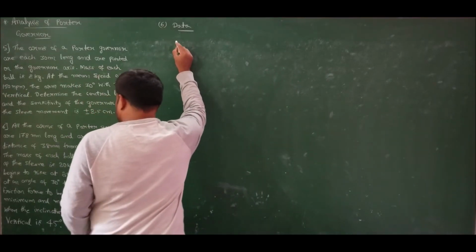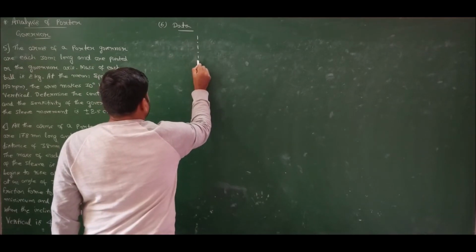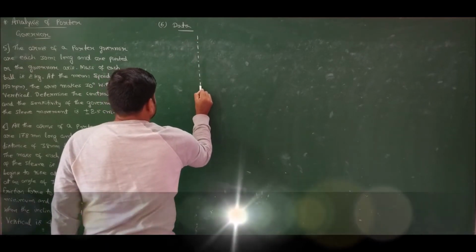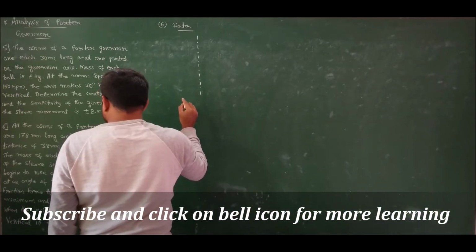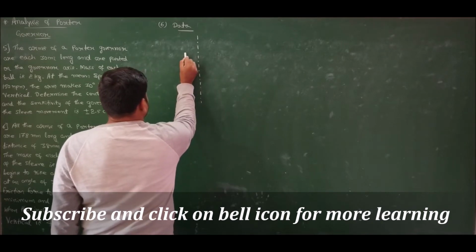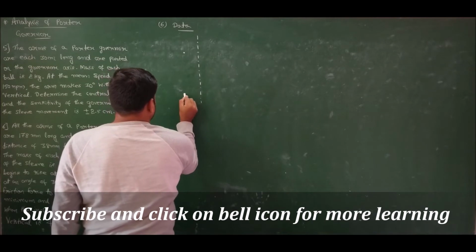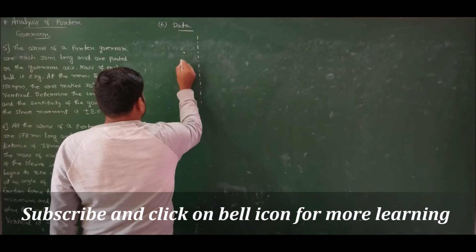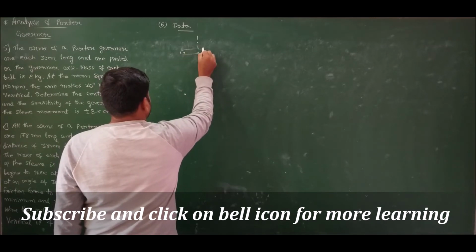If I list out the data given, we have a Porter governor, mark the axis of rotation, and all the arms are hinged at a distance of 38 mm. So we have an eccentricity of 38 mm, wherein they have hinged to the axis at a distance of 38 millimeters.